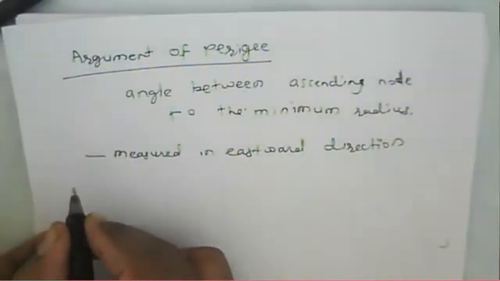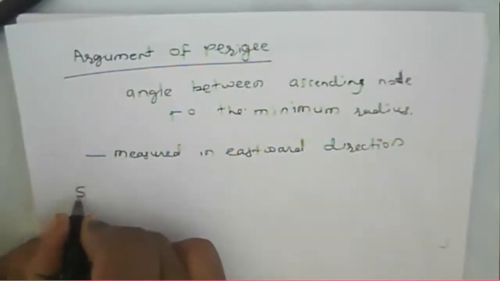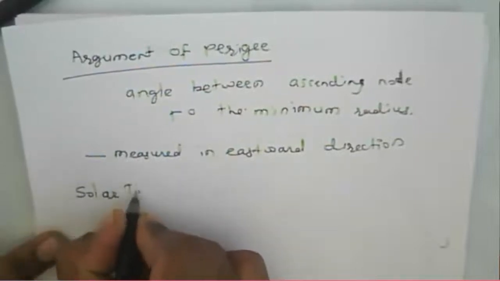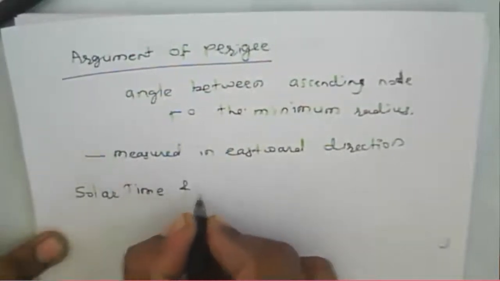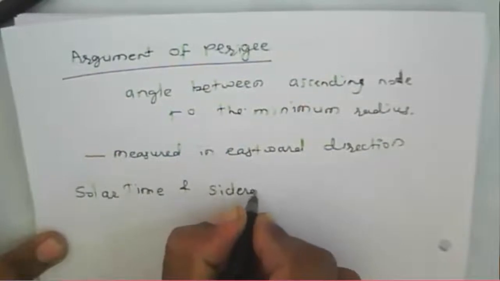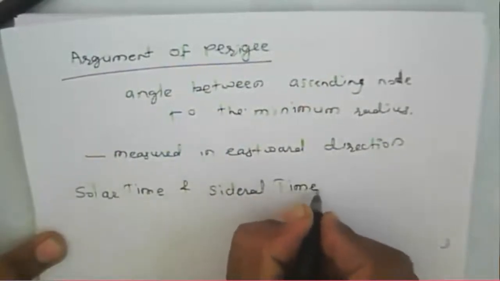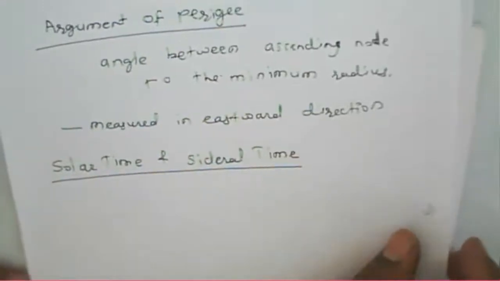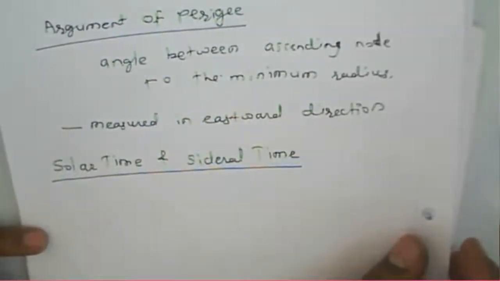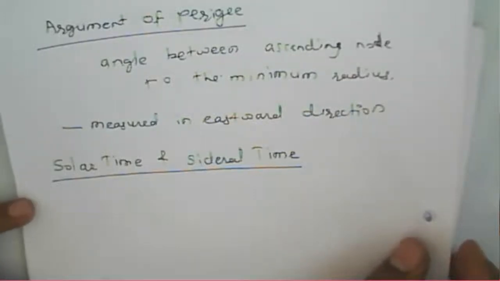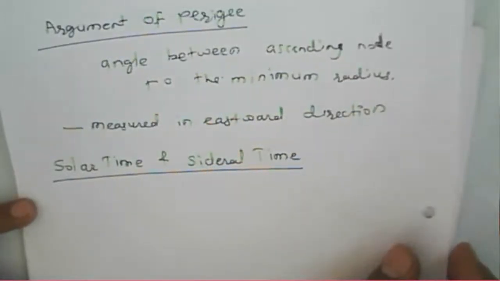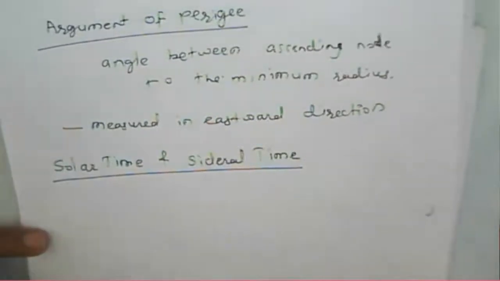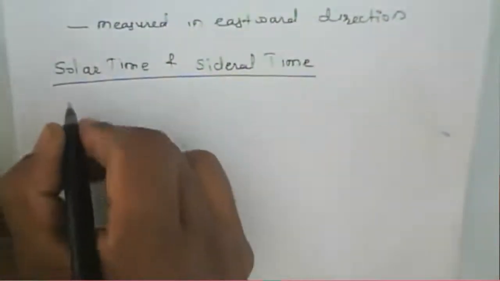Now we study solar time and sidereal time. What do you mean by solar time? Generally we consider the period of a satellite in terms of particular time.